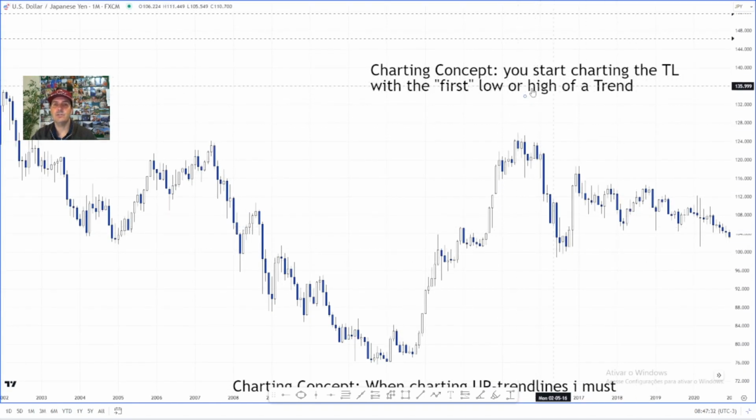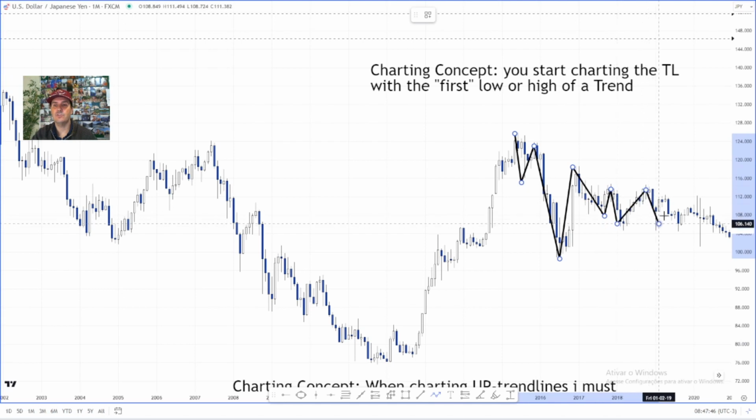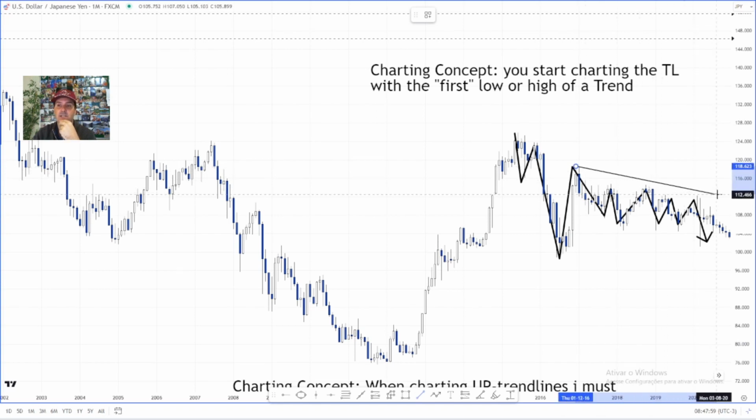You start charting the trend line with the first lower high of a trend. If this is a chart and you are monitoring high to low, low to high, high to low, low to high, high to low, just an example, then you can look at the chart and say, so I can take this high and extend the trend line, and I can connect the first high with this high. Make sense?